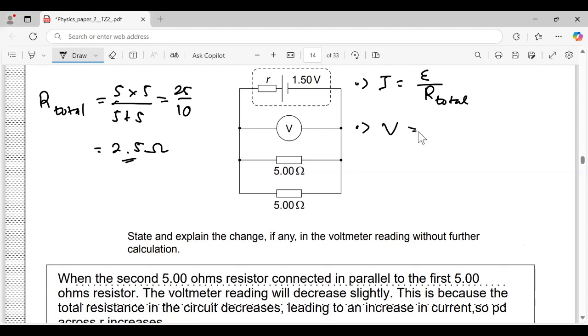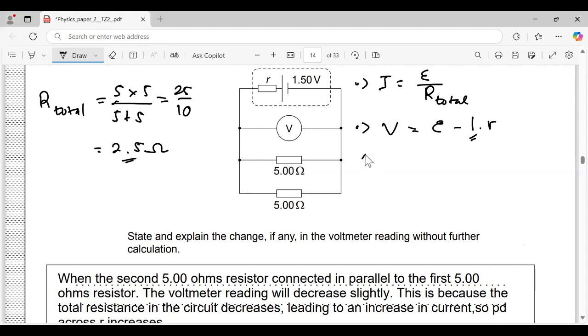The implication for voltage: the voltage formula is epsilon minus I times R. If I increases, the terminal voltage will be decreased, because this number will be increased as well.